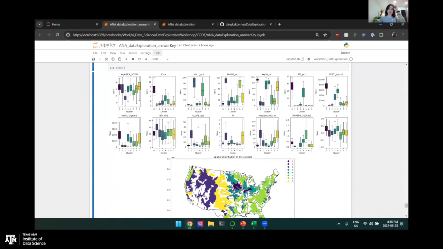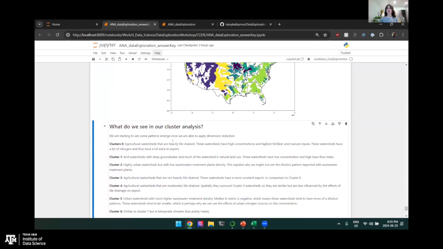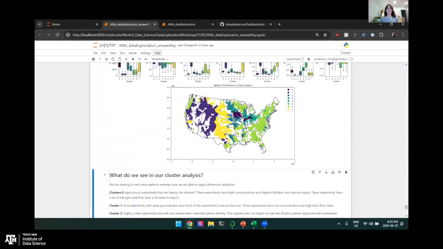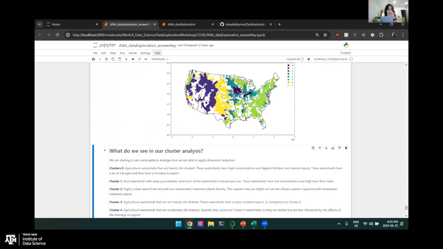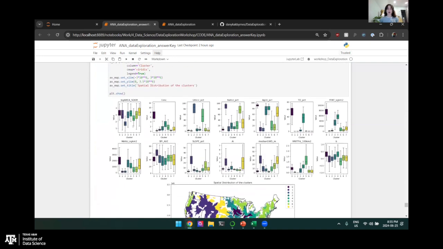There's a lot of information here, and I summarized the properties seen in each cluster. We'll go through 2 of my favorites, starting with cluster 0. You see the dark purple ones in the Midwest. These are heavily tile drained.